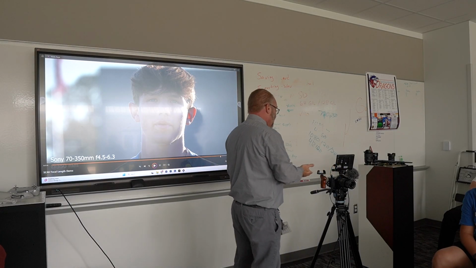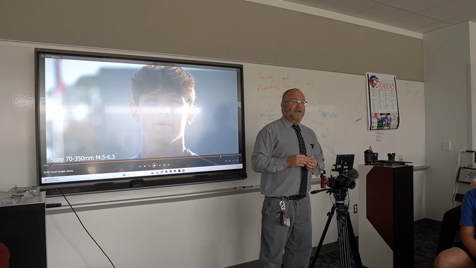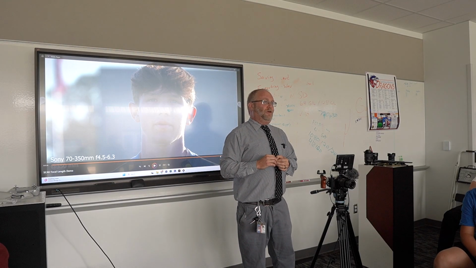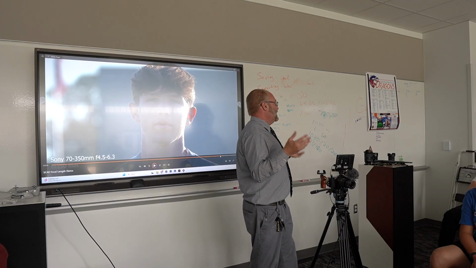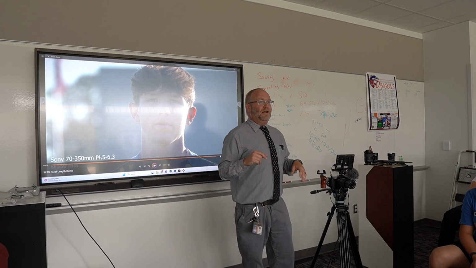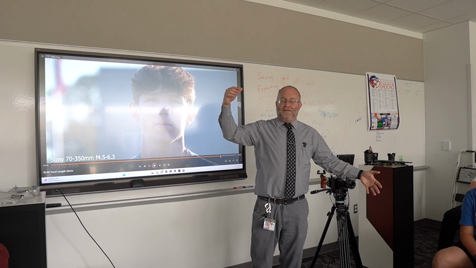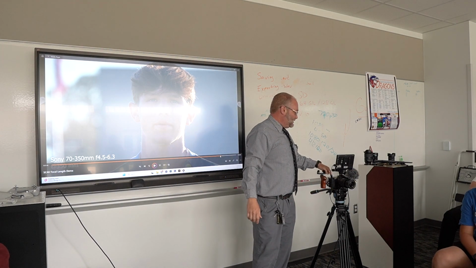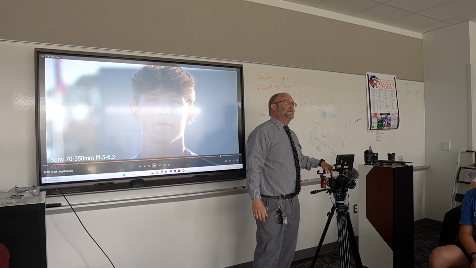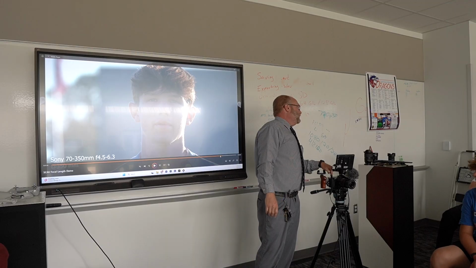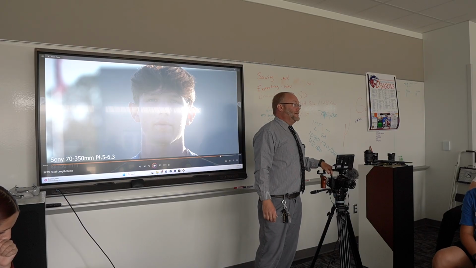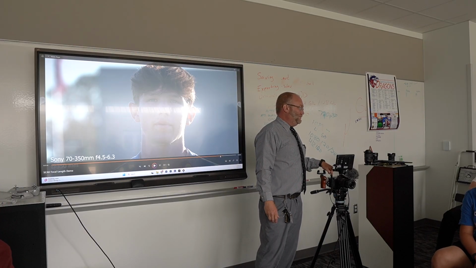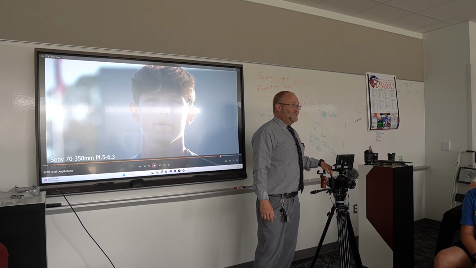You can go out and buy, Hasselblad sells 100 megapixel cameras for photography. Why? What are you possibly going to do with that? Oh, we're going to make big prints. Okay, 24 megapixels is enough for me to make a billboard-sized image. That's not a joke. If I wanted to make a picture the size of a billboard that you see on the highway, 24 megapixels is easily enough to do that in print.